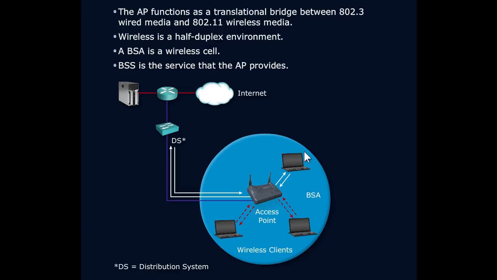Now, when we work with an infrastructure mode, you have an access point. And that access point is going to have a certain radius in which the devices will be able to recognize it. We'll talk later about how they recognize it and all the communication, but you've got to be close enough to be able to detect this access point and communicate with it.